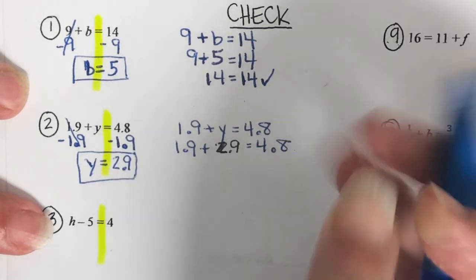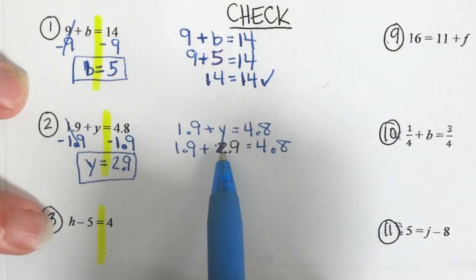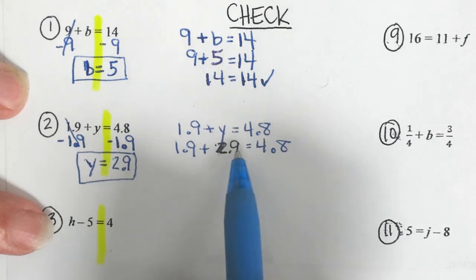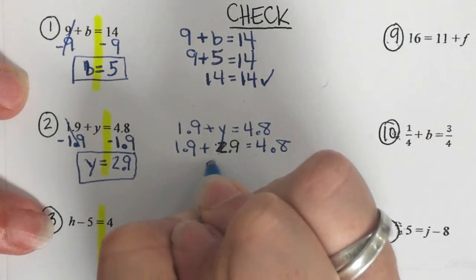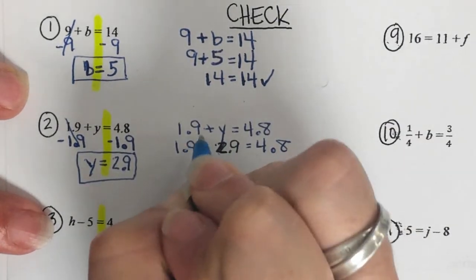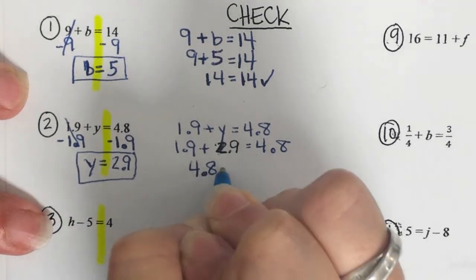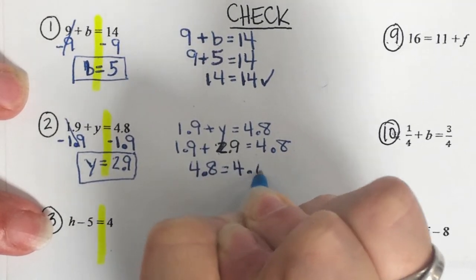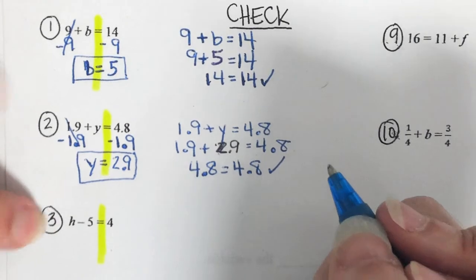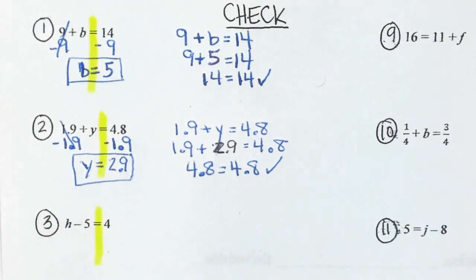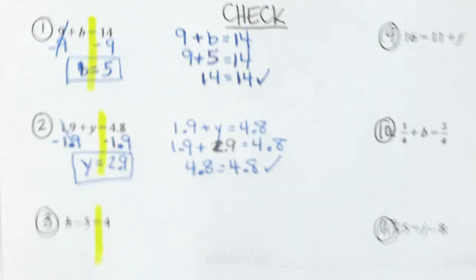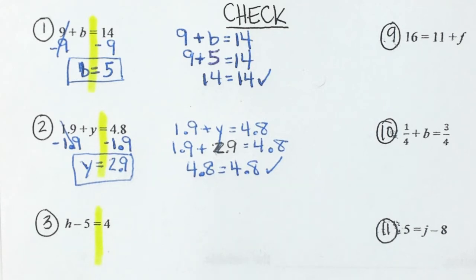This is one of those a lot of people miss. Make sure you don't have 3.9 or something. 9 plus 9 is 18. Carry a 1, 2, 3, 4. You want to seriously check you got the right answer. Don't just write 4.8 equals 4.8. Keep going. Try 3 and 4, and then we'll compare them.